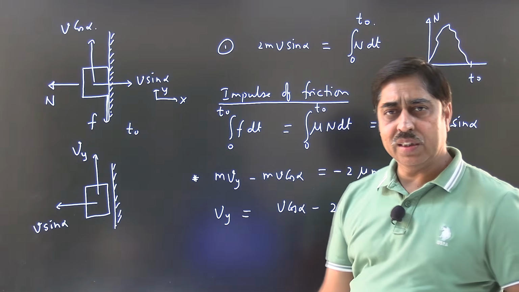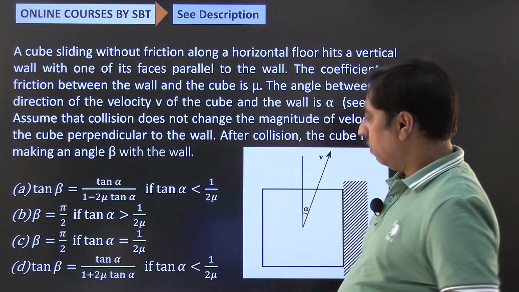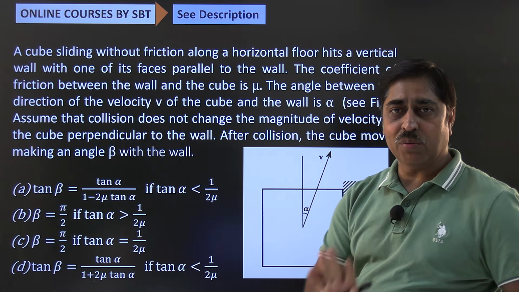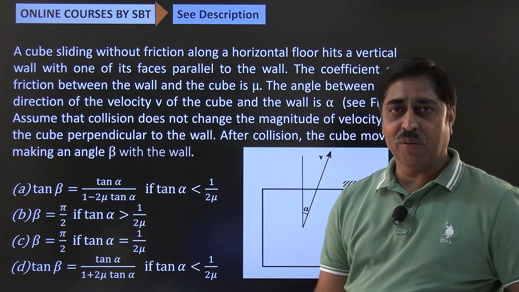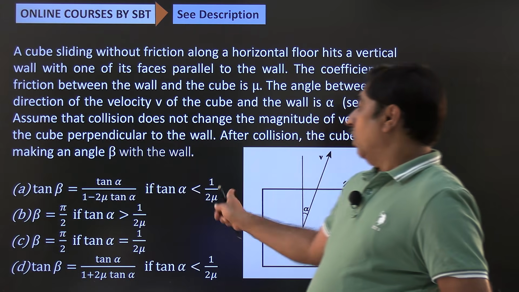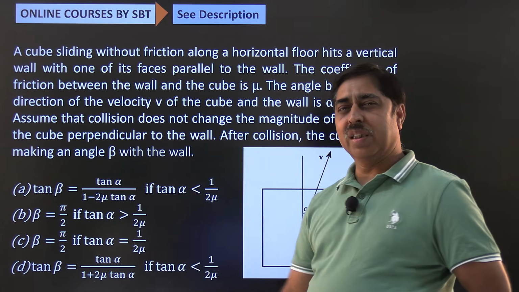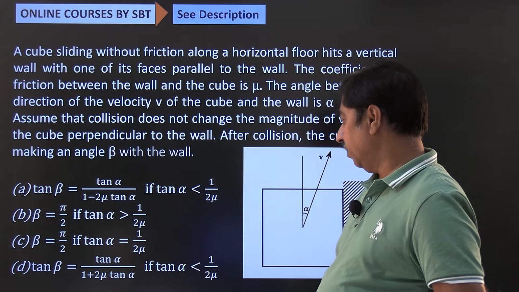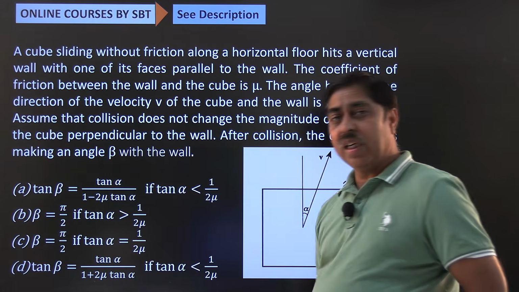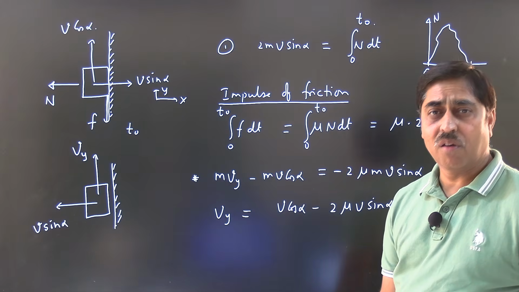Okay, this was quite easy, and many of you must have solved this question till this stage very easily. I am very confident about that. But what about this: if tan alpha is less than 1 by 2 mu, is this a necessary condition? Is this a necessary condition or not?